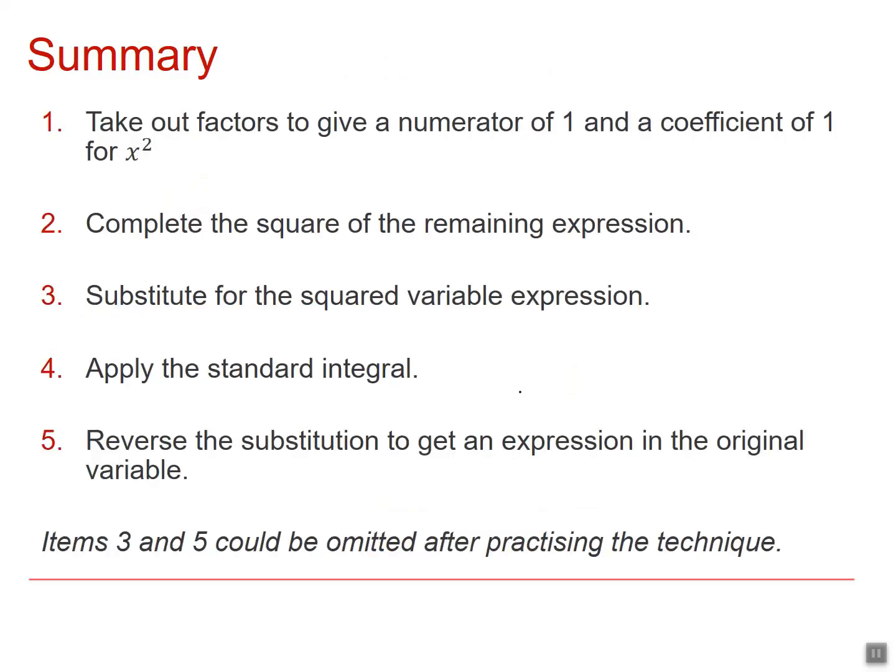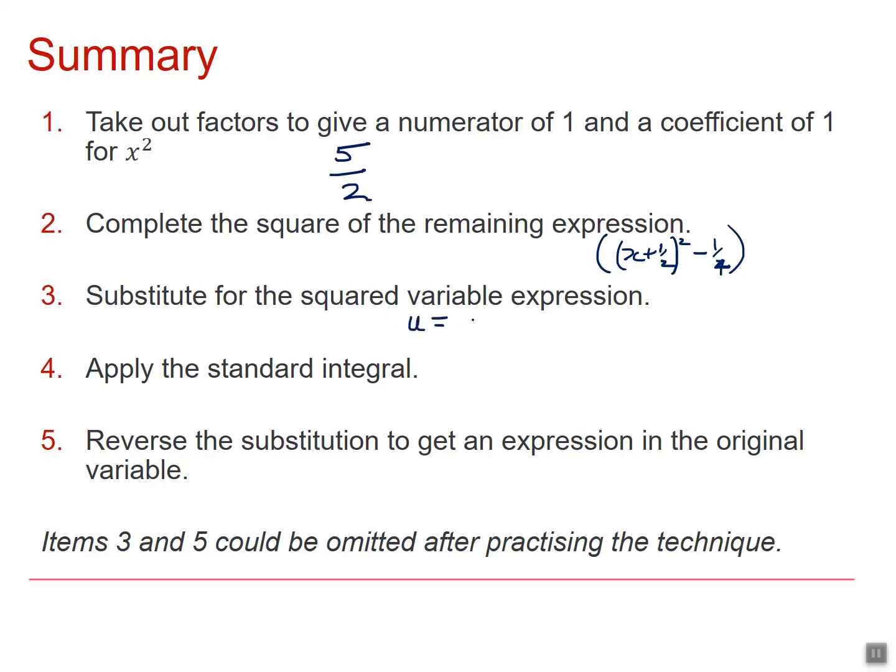So in summary then, we take out the factors to give a numerator of 1 and a coefficient of 1 for x squared, and if you remember, we took out a 5 from the top line and a 2 from the bottom line. We then complete the square of the remaining expression, and our completing the square actually gave us x plus a half squared minus a quarter. So we use that. We then did do a substitution.